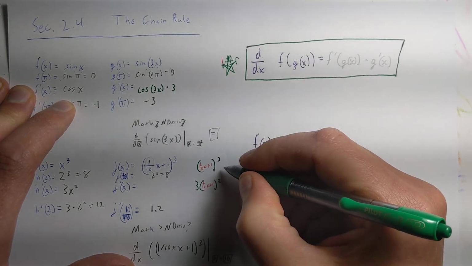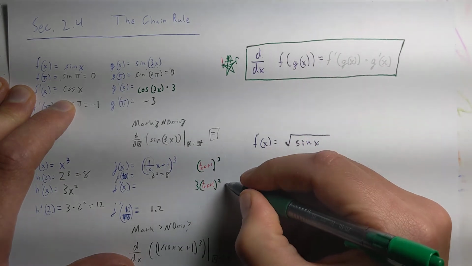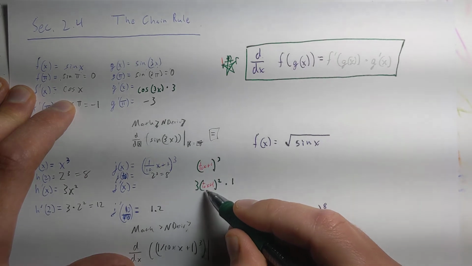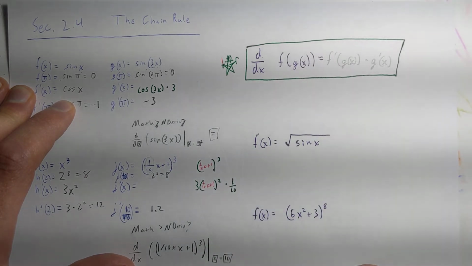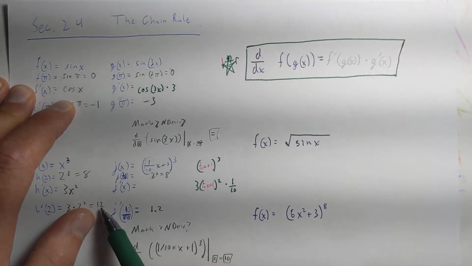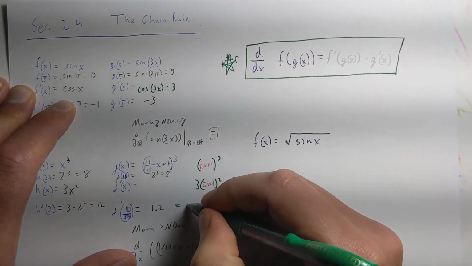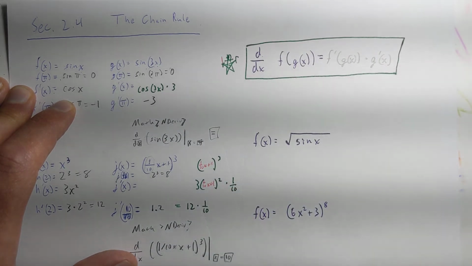So what is the derivative of 1/10 x plus 1? Well, since that's just a line, it's just a slope, it's going to be 1/10. So that's why even though this was 12, this was 1.2, because that is 12 times 1/10.